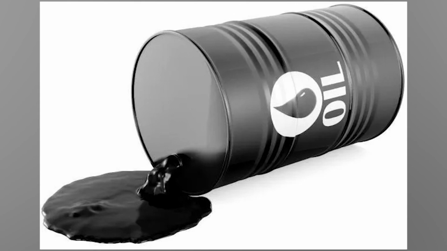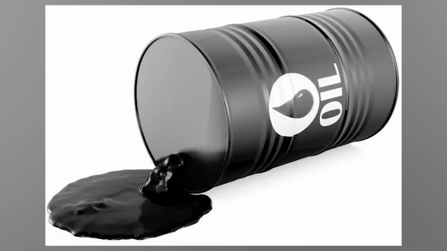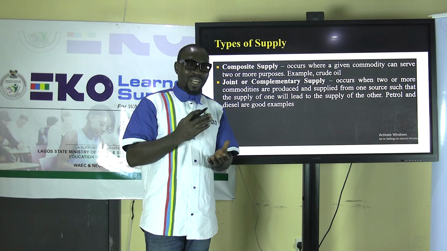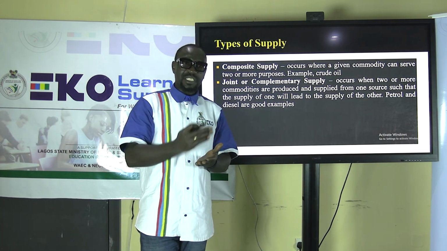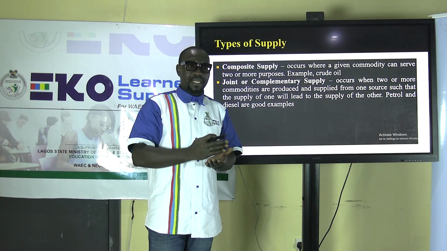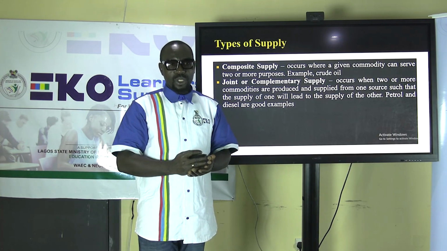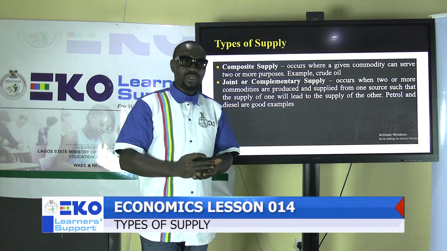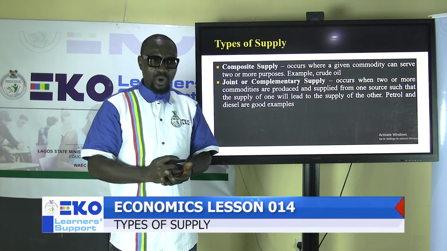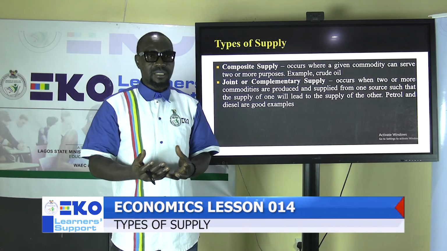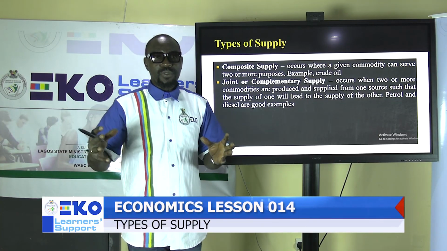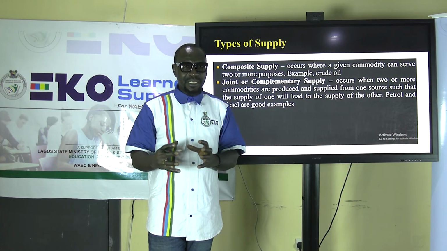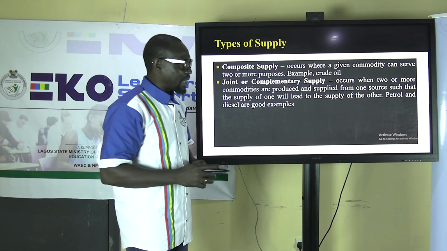Again, crude oil or petroleum is a very good example, because the components of crude oil, you cannot produce one without having the other. So, in a bid to produce petrol, you have diesel produced. In a bid to produce diesel and petrol, you have lubrication oil produced, you have gas produced. So, these products are said to have joint or complementary supply.